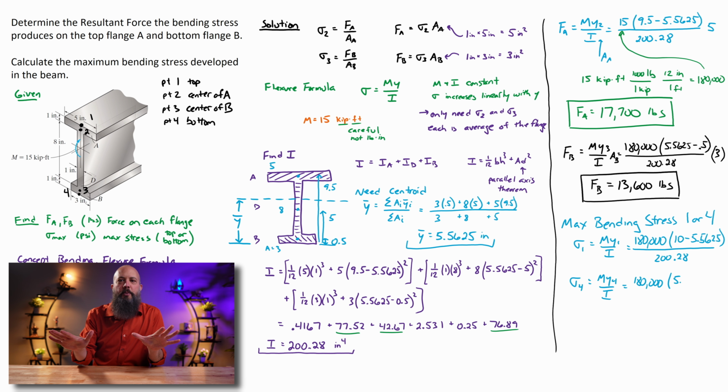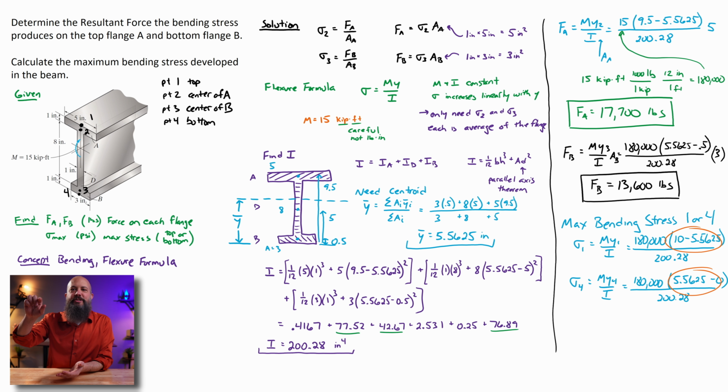But I'll go ahead and write them both out just so that you can kind of see. And so M is the same, I is the same, but what's different is y. So we have 10 minus 5.6 in the numerator for stress at 1. But for the stress at 4, we have 5.56 minus 0, right?